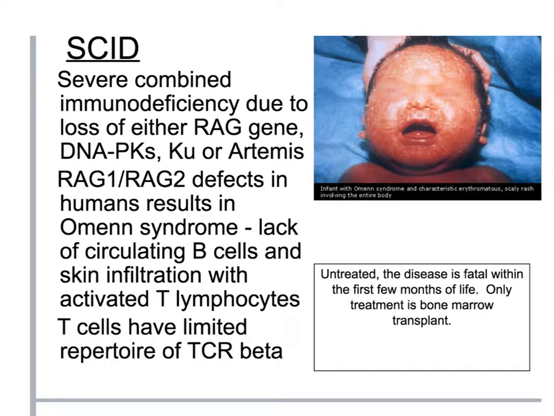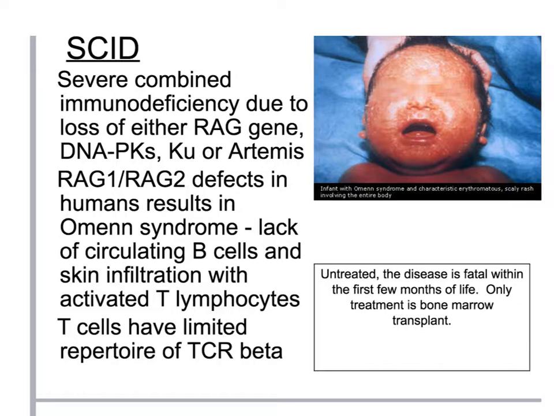There are children that are born with these types of disease. This child has a disease called Omenn syndrome. I don't remember what this one is, I think it's lack of T cells, and I don't remember which enzyme. This is circulating B cells.